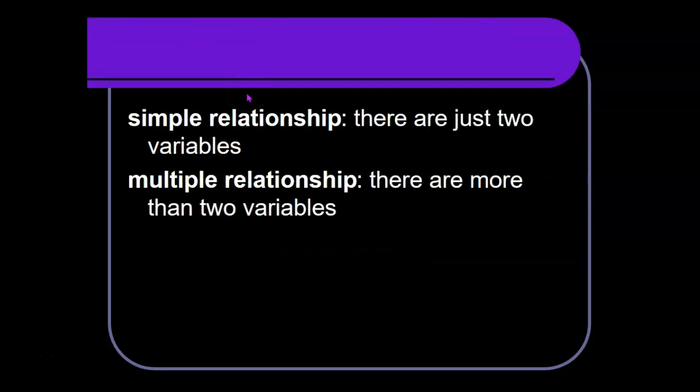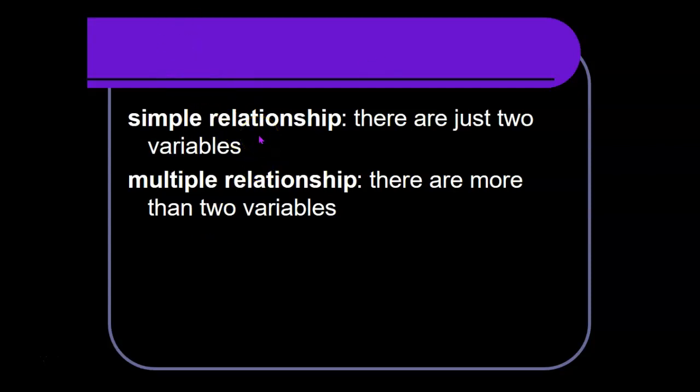Now, a simple relationship is one where there are just two variables involved. A multiple relationship is when there are more than two variables. For example, how well you do in a class might depend on how well you do on the first test, how well you do on the homework, how many classes you miss, and various other things.